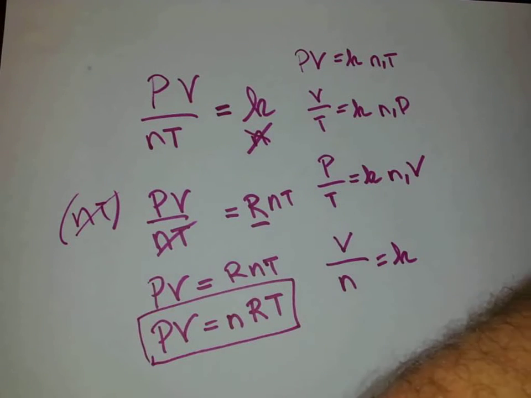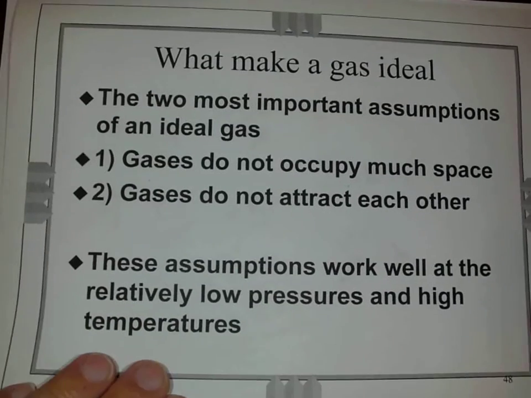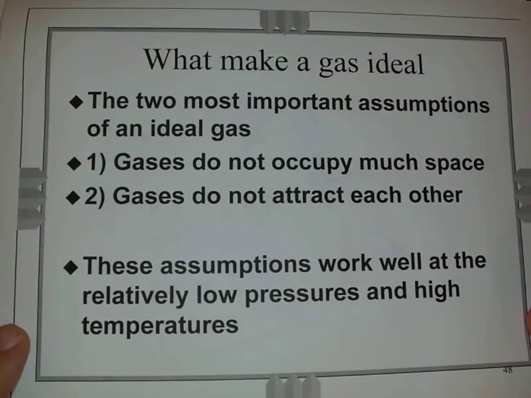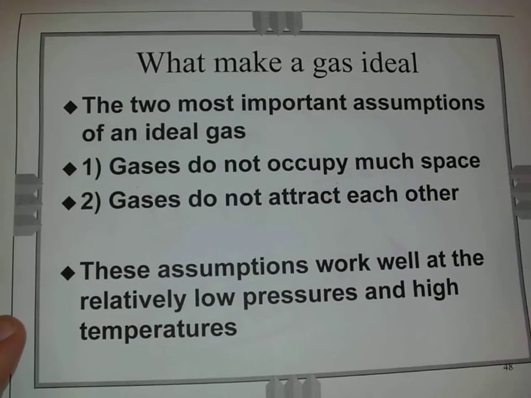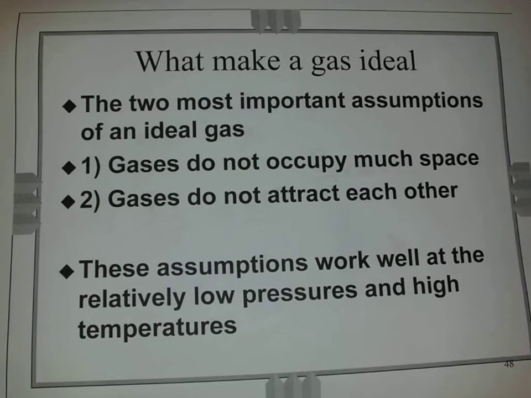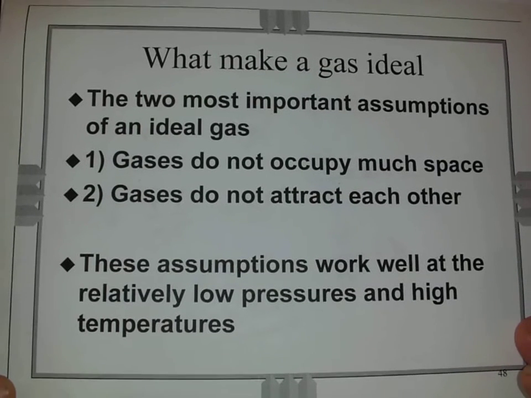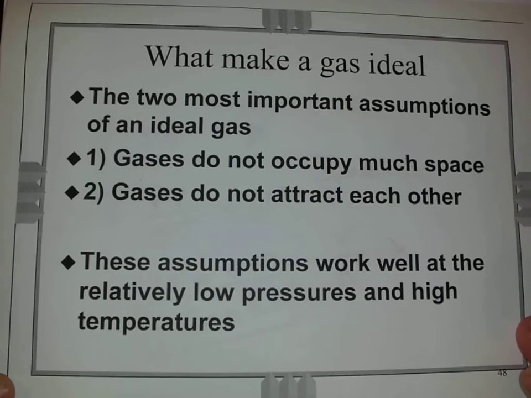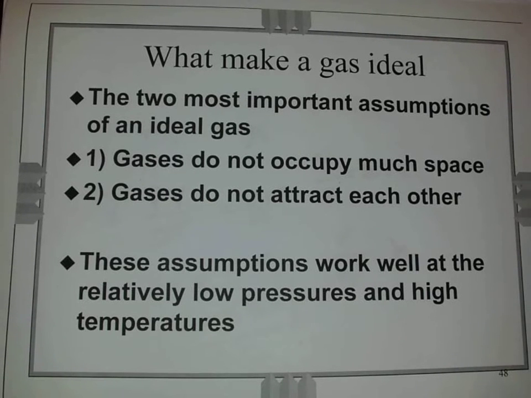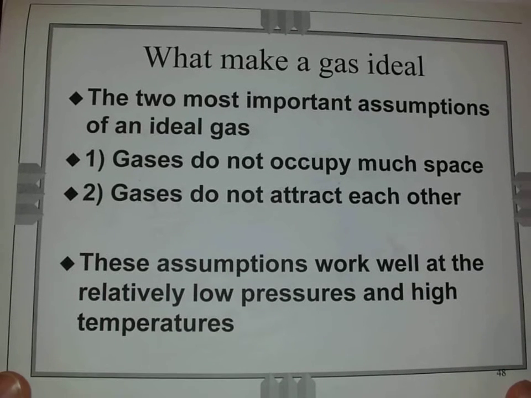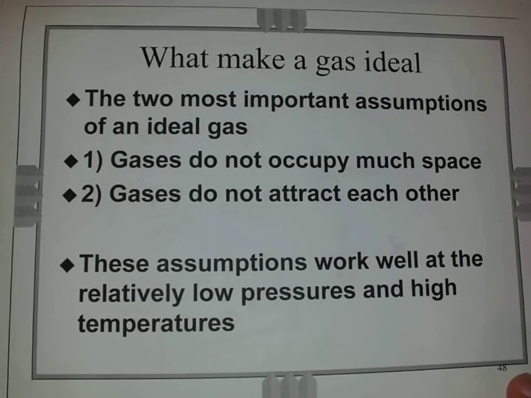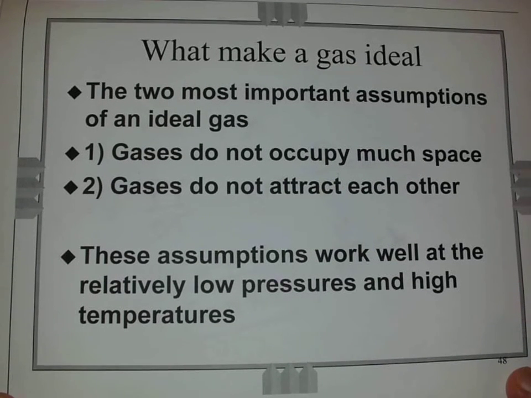Some things we have to make assumptions about. So what makes a gas ideal? There are two important assumptions we have to make about kinetic molecular theory: gases do not occupy much space, and they do not attract one another. If they don't attract one another, they will not lose energy to one another.